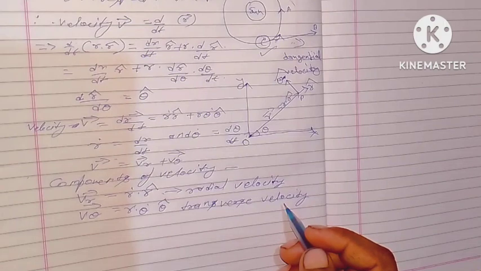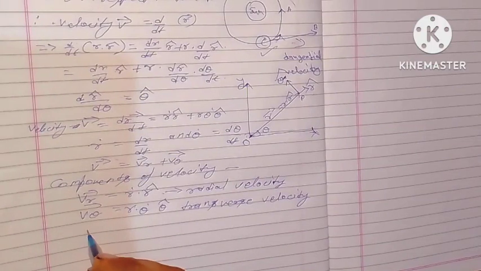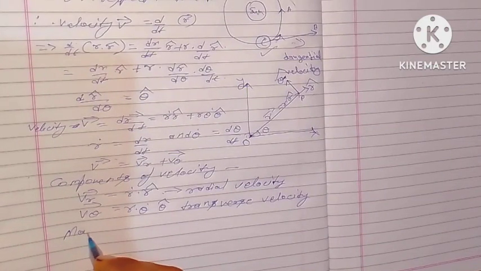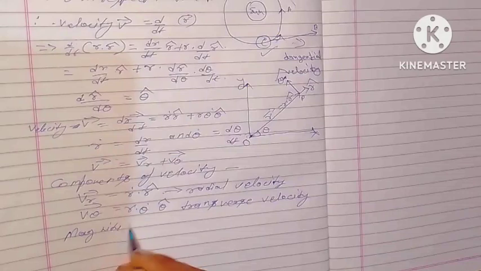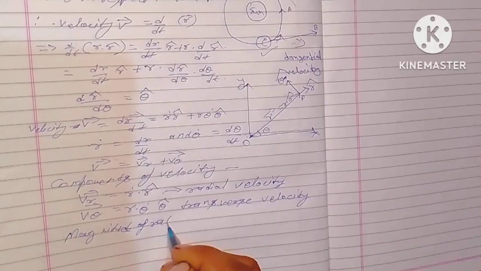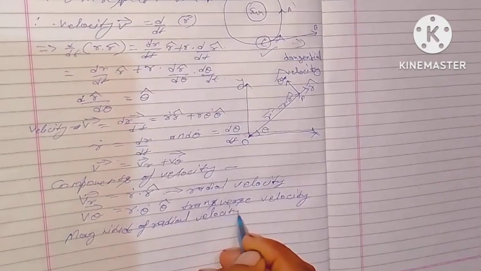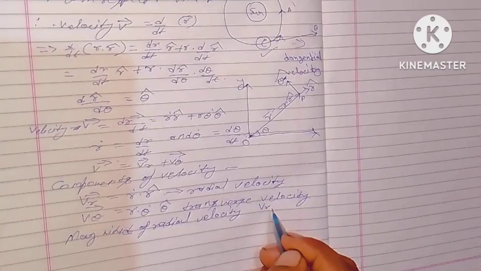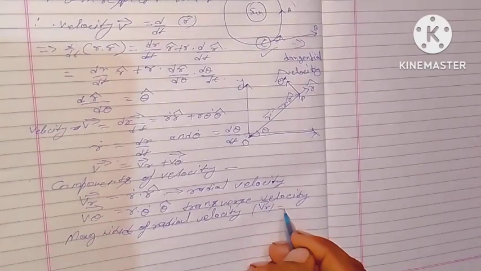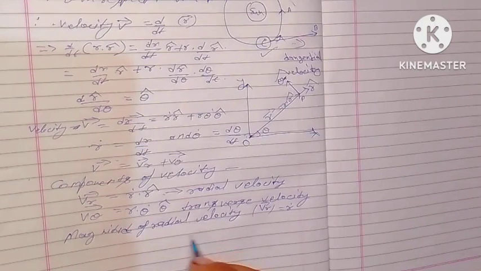The magnitude of radial velocity Vr, the mod of vector v, equals the derivative of r, and the magnitude of transverse velocity.